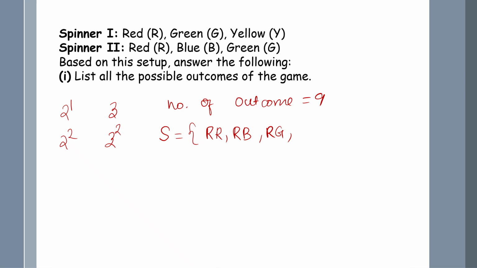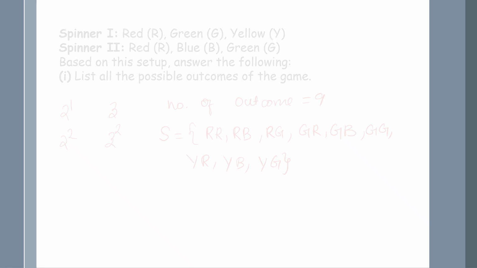Similarly, for the first spin green, second spin red; green, blue; green, green. And for yellow, we get yellow red, yellow blue, and yellow green. So these are the possible 9 outcomes.